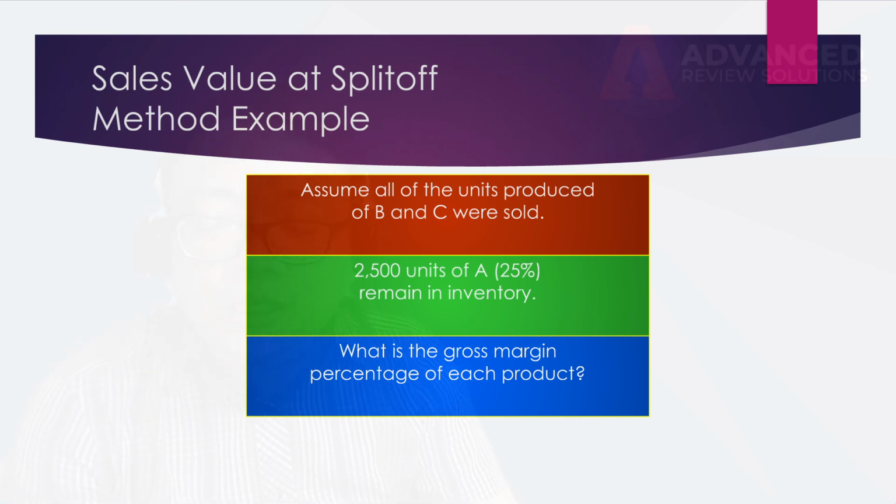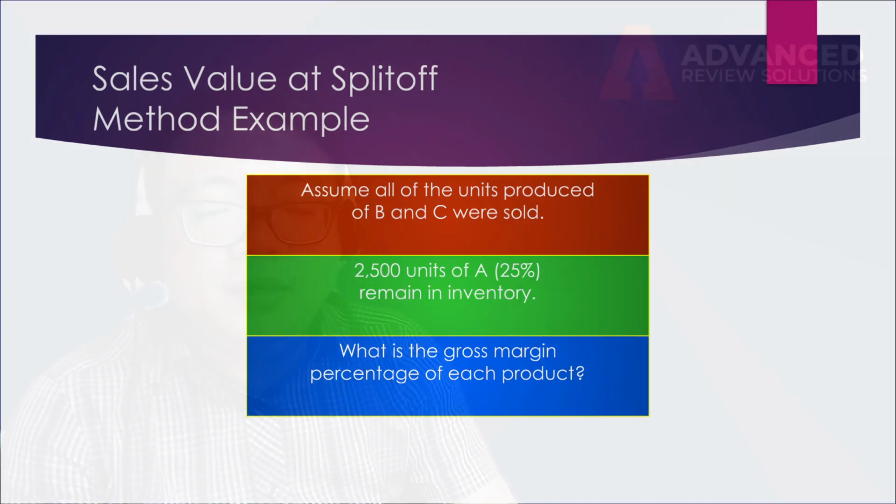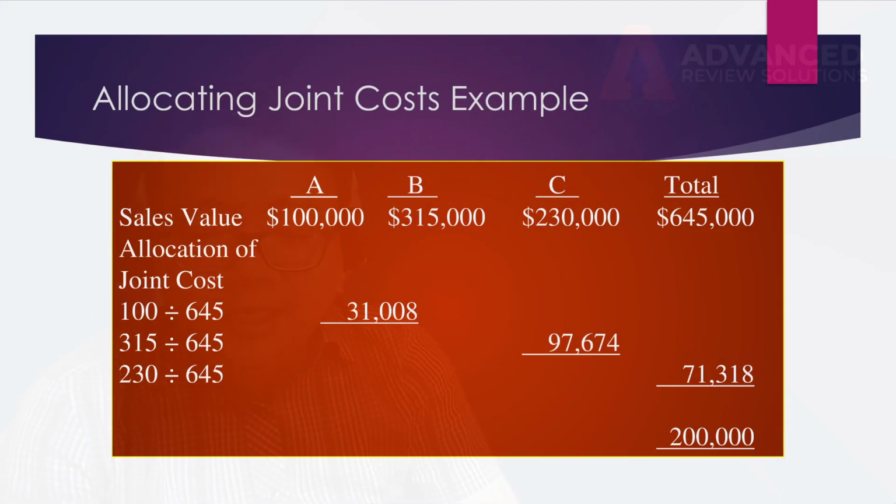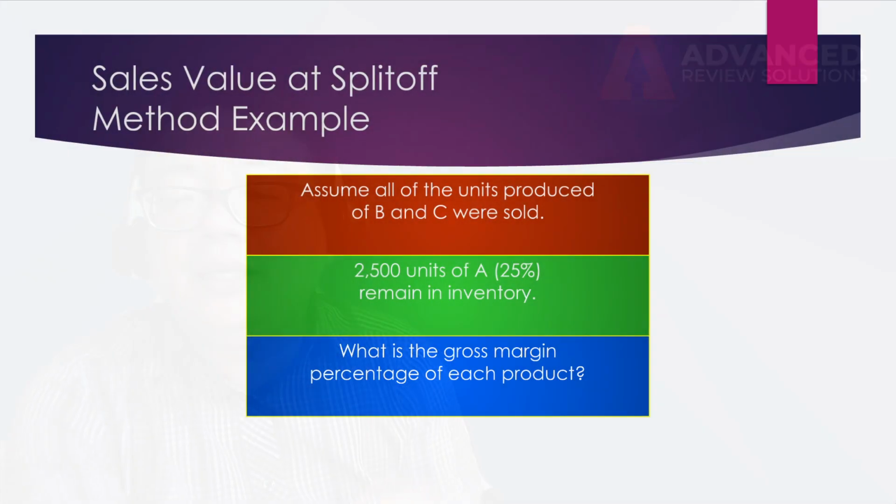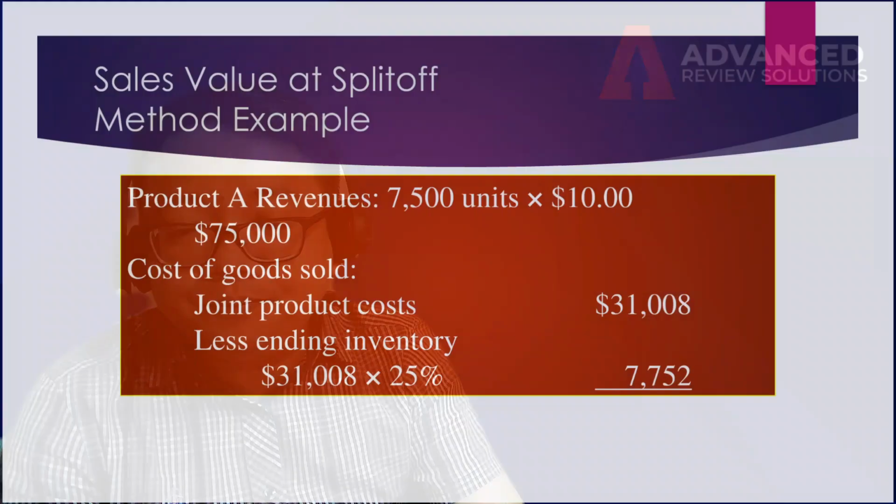Halimbawa, class, assume that all the units produced of B and C were sold. Ibig sabihin, nabenta lahat yung B and C. Pero yung product A is that 25% lang daw ang natira sa ating inventory. Ibig sabihin, 75% ay nabenta na natin. Paano yan?